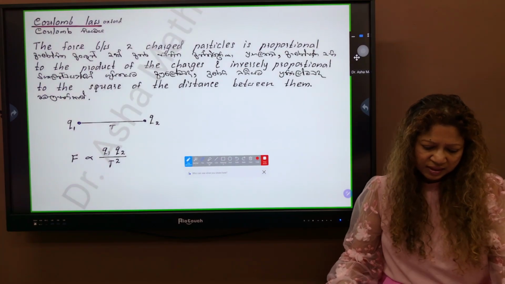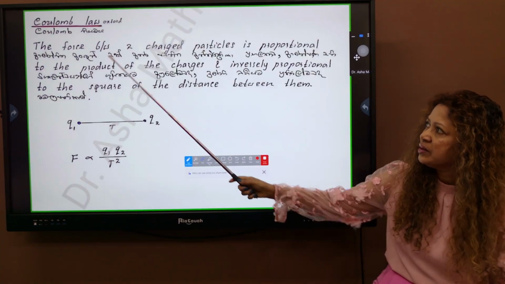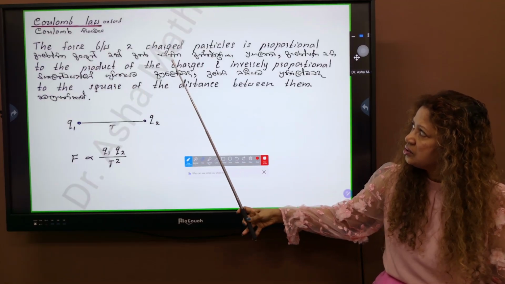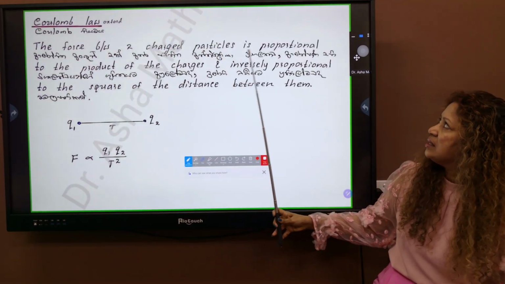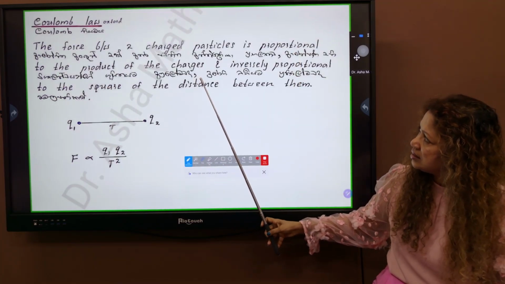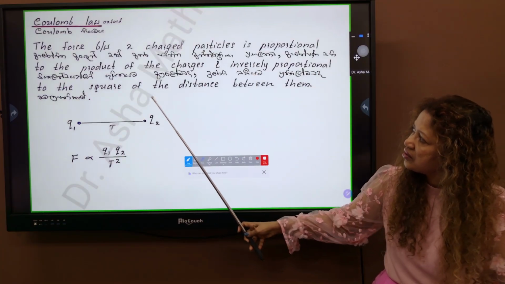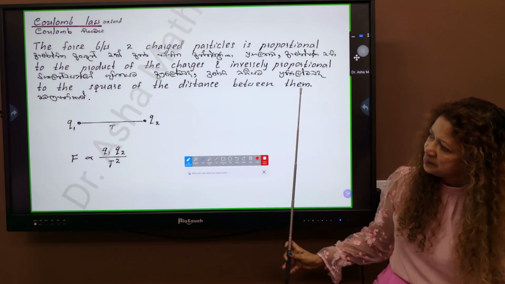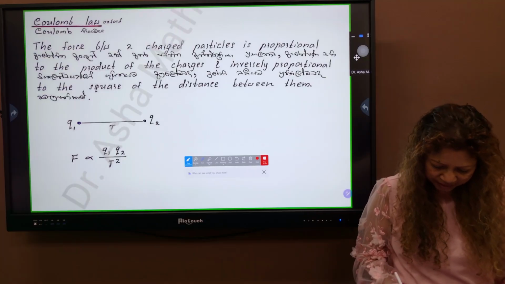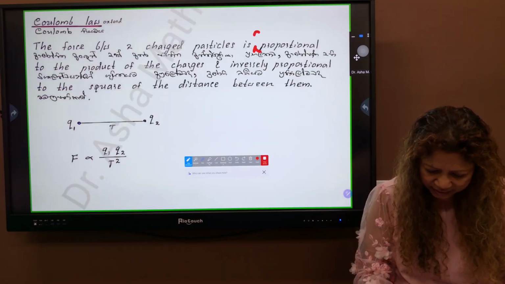Let's read this one and then let's fill this one. Okay, so let's read Coulomb's law. The force between two charged particles is proportional to the product of the charges and inversely proportional to the square of the distance between them. Okay, it is there on your note, but just put a caret here, right there directly.